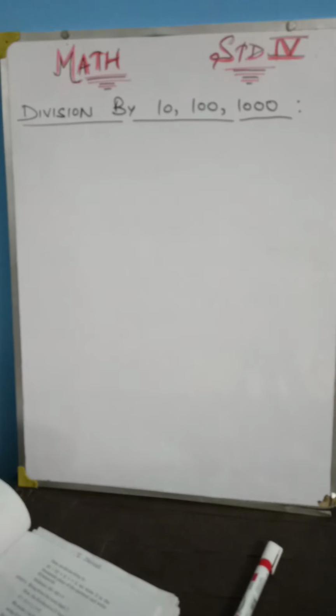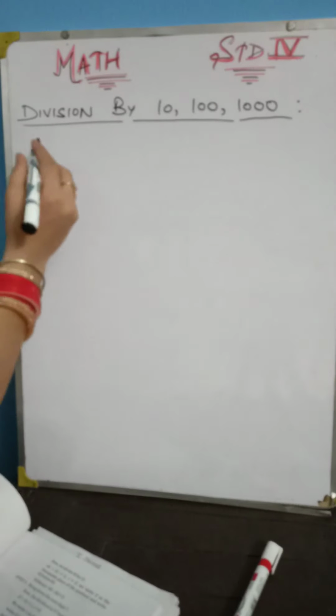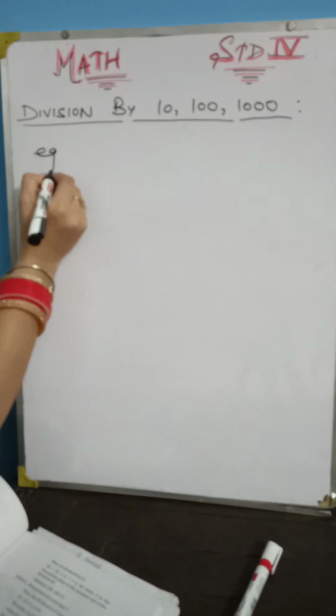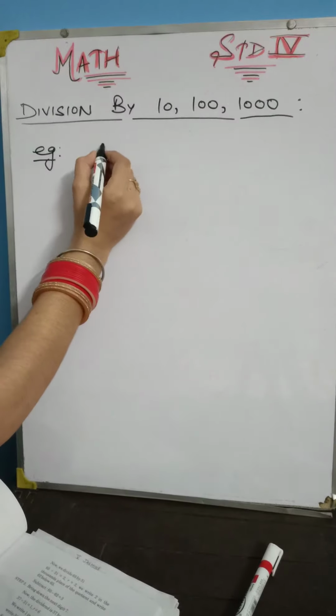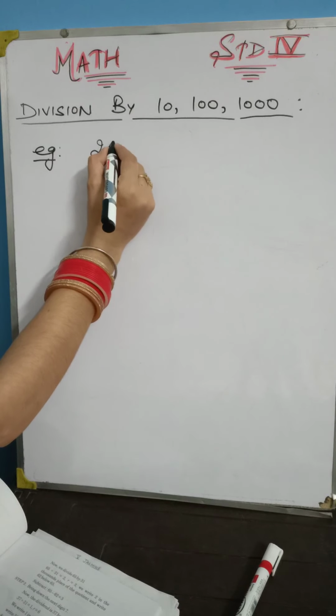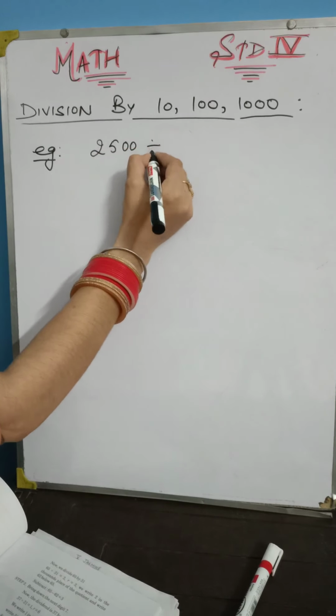What we'll do in that, suppose we have to do, let's take one example. Suppose we have to divide 2500 with 10.